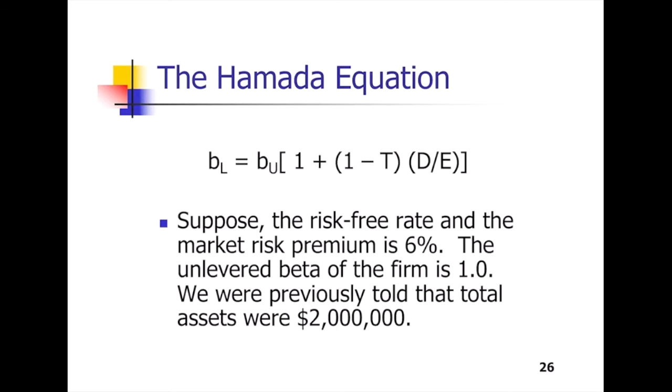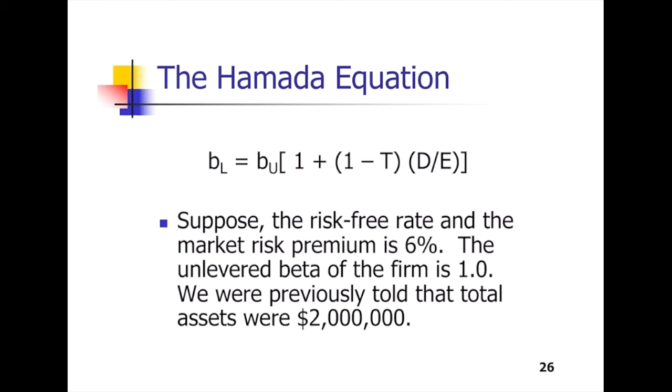This is Hamada equation. This is level we don't prove the Hamada equation. It will be given in the exam, so you don't have to remember this equation. Just try to understand the story.